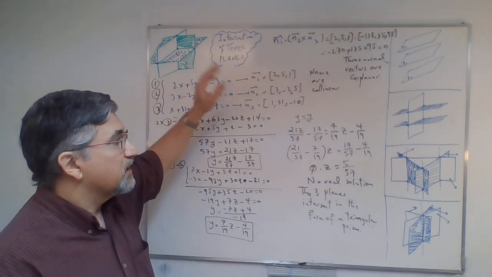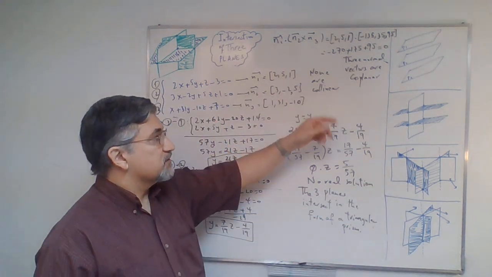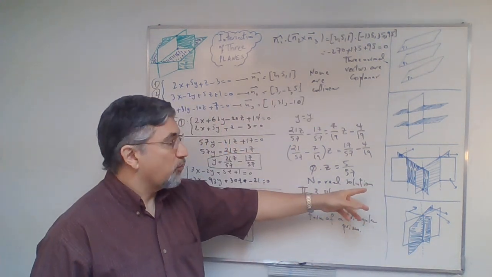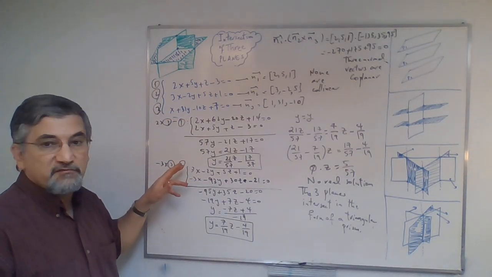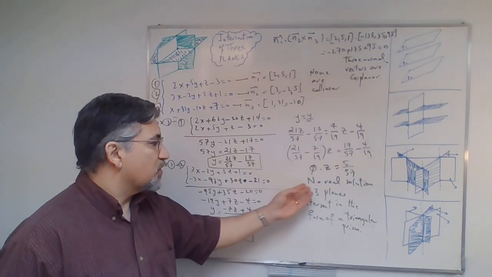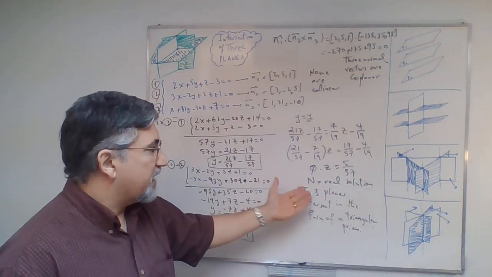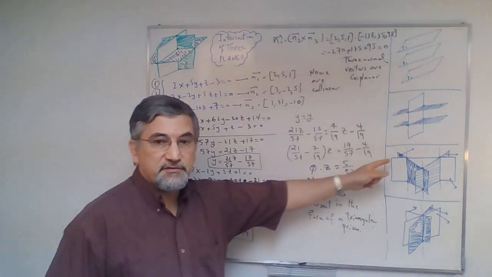We crossed it out. And we were left with 2 scenarios where the normal vectors were actually coplanar. And then we started solving the system of equations by the method of elimination. And we figured out that unfortunately the system of equations does not have any real solution. And that means that we are faced with the triangular prism scenario.